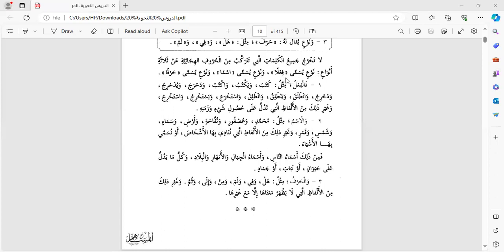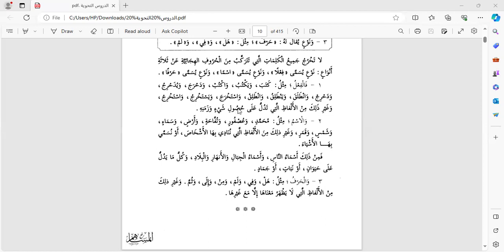The first type ويسمى فعلا, it's named the verb. ونوع يسمى اسما, it's named the noun. ونوع يسمى حرفا, which is named a letter. فالفعل مثل كتب ويكتب واكتب ودحرج ويدحرج ودحرج وانطلق وينطلق وانطلق واستخرج ويستخرج واستخرج وغير ذلك من الألفاظ التي تدل على حصول شيء وزمنه. This is the very important thing, which is how do we know that this word is a verb?